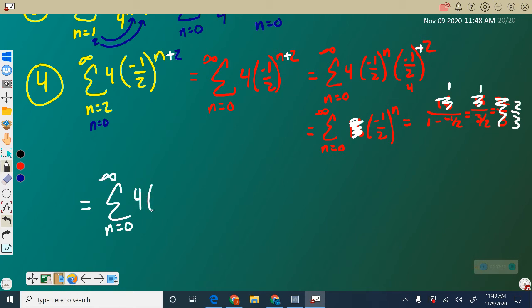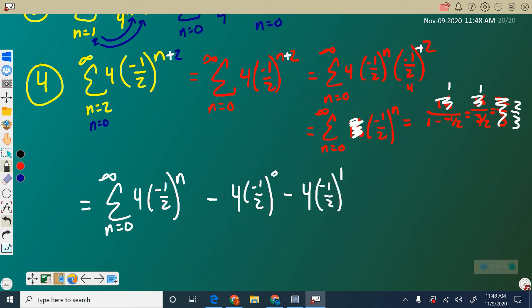It's still the same formula, but we're taking away, if we had plugged in n equals 0, and taking away if n equaled 1. Because we're starting at 2, we'd have to take away this summation here that we just rewrote, but instead we're taking away when n equals 0 and when n equals 1. That allows us to start at 2.